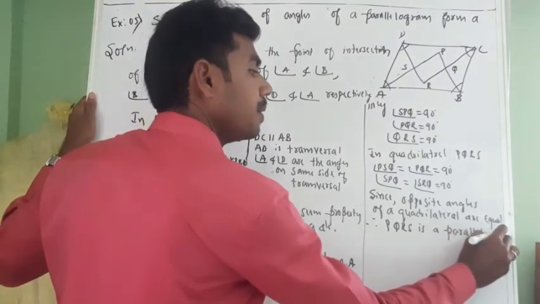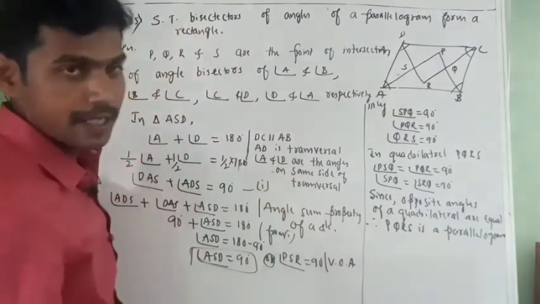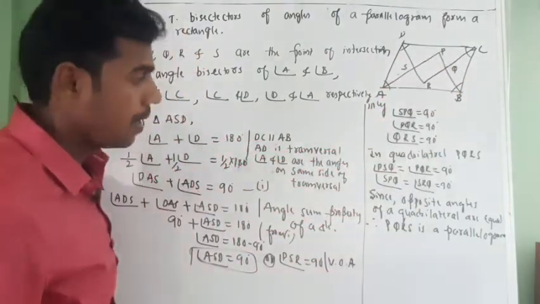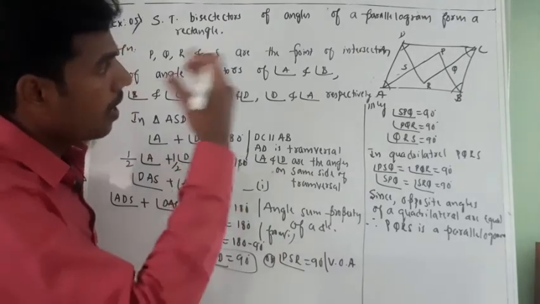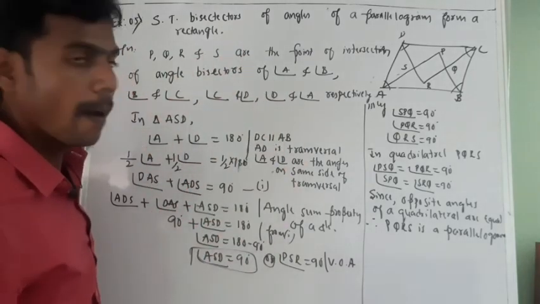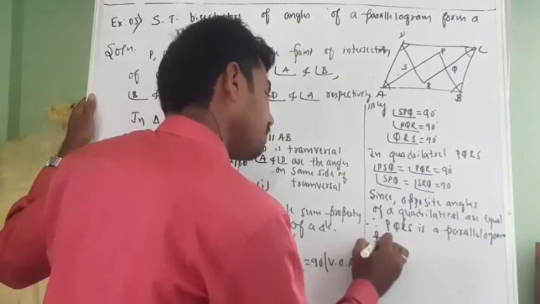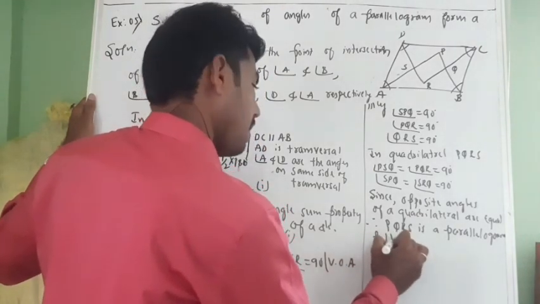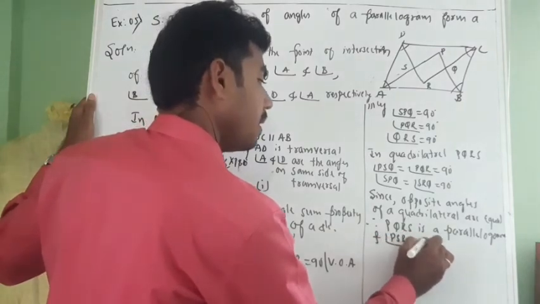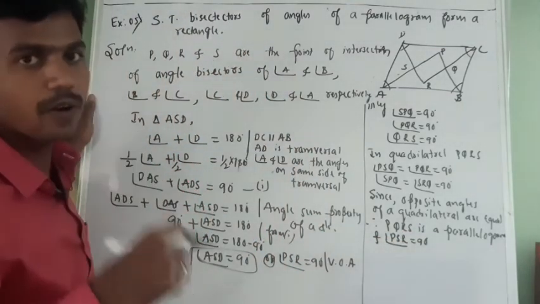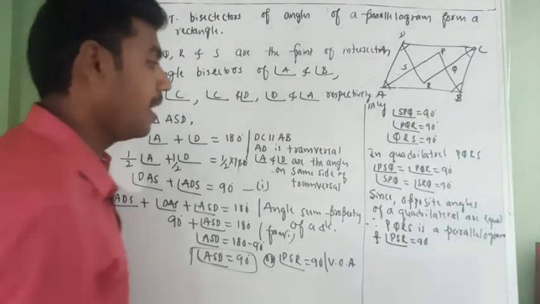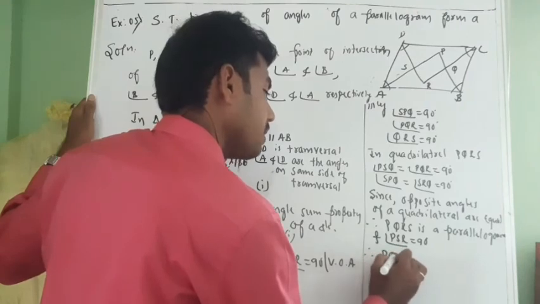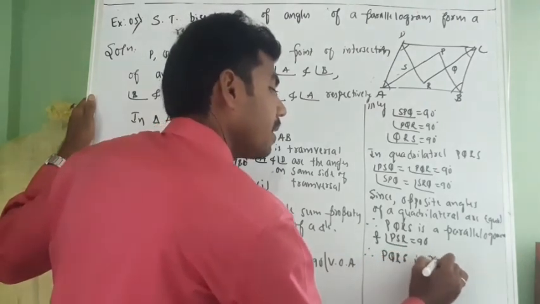Now I proved PQRS is a parallelogram. Why? Because angle S is equal to angle Q, angle P is equal to angle R. So because of that we concluded quadrilateral PQRS is a parallelogram, and angle PSR is equal to 90 degrees. Therefore, in a parallelogram, if one of the angles is equal to 90 degrees, then PQRS is a rectangle.